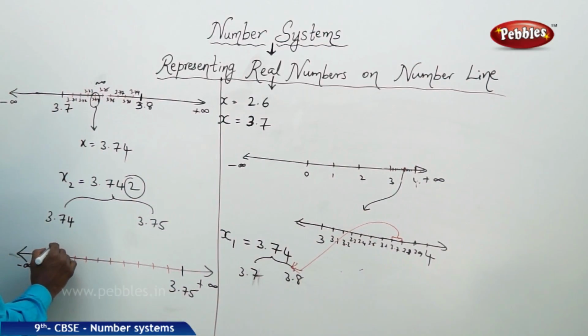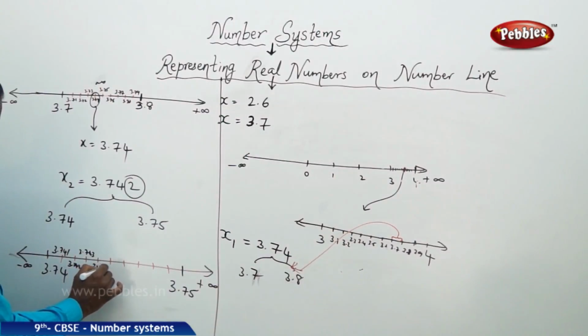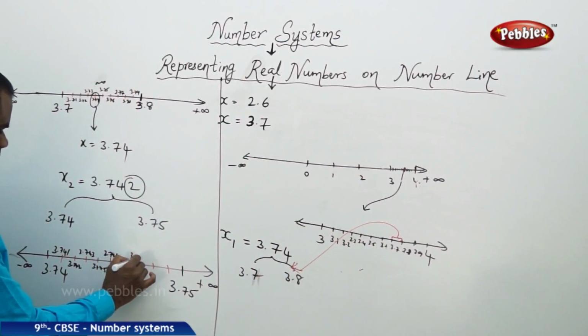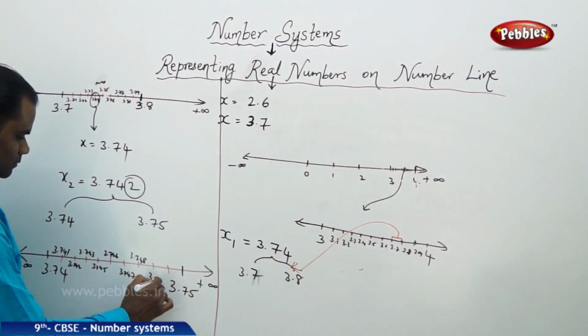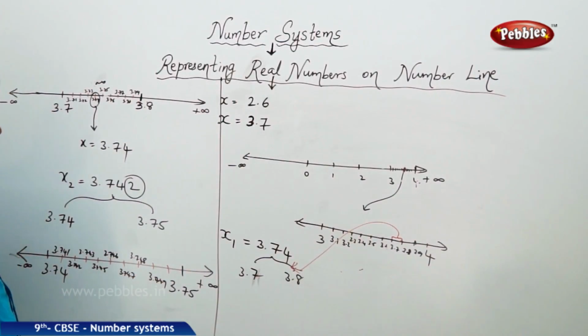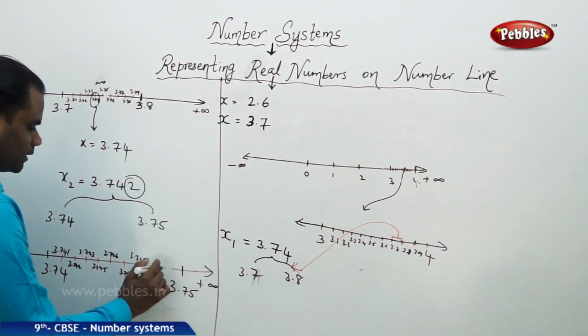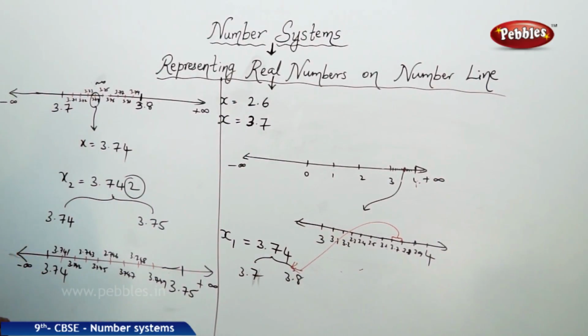Now 3.741 lies here and 3.742 lies here, then 3.743, 3.745, 3.746, 3.747, 3.748, 3.749, and 3.75 is what we get out here.